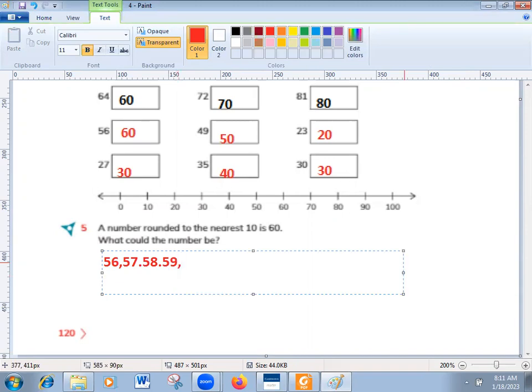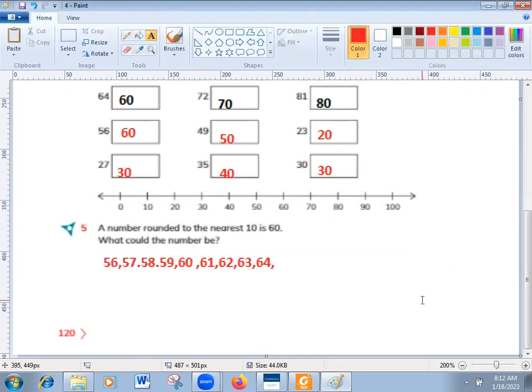It can be 60, 61, 62, 63, 64. So if the number was between these numbers, we rounded it and we wrote 60.